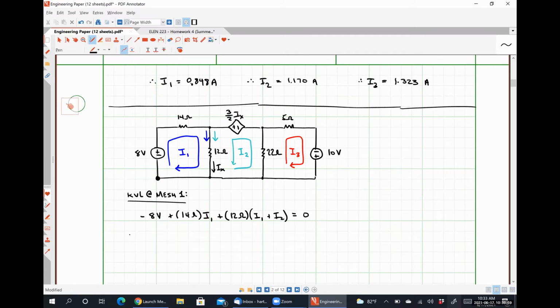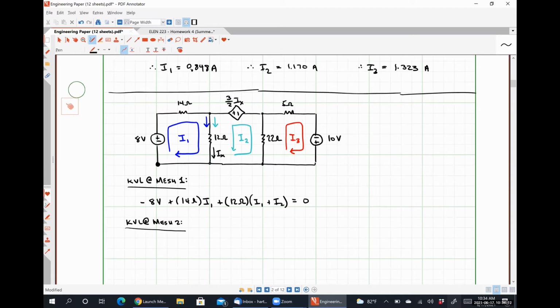When we get to KVL at mesh 2, we are going to follow current I2 around its counterclockwise path. So we're going to start from the bottom left-hand corner and follow it around.